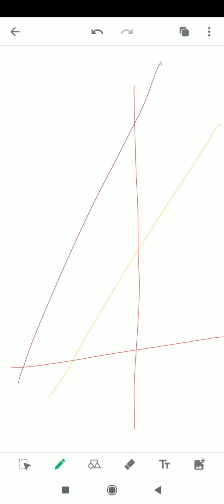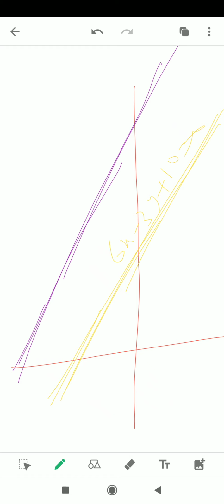This is 6x minus 3y plus 10 is equal to 0, and it is parallel to the other. They will never touch each other, they never coincide. Such lines are called parallel lines, and this one is 2x minus y plus 9 equal to 0.